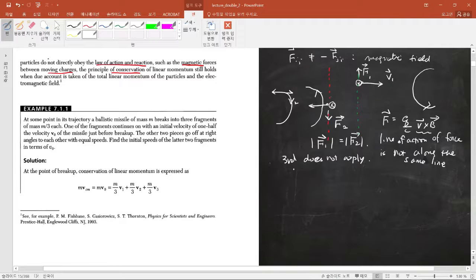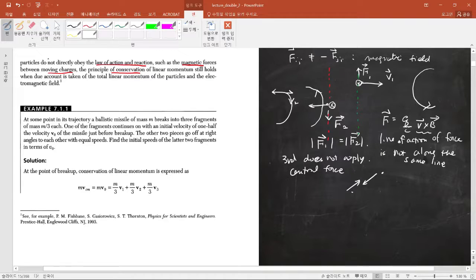For example, like a central force. If there is a gravitational field, they are attracting each other. The line of force is the same there, but here the lines are different. So in this case, this one does not hold.